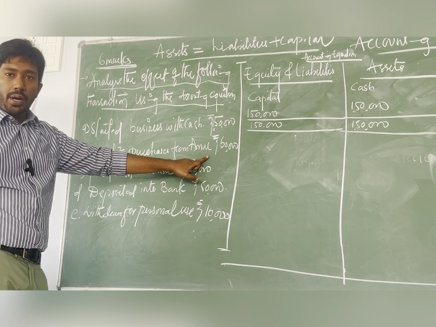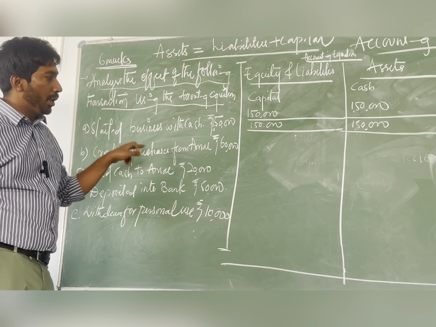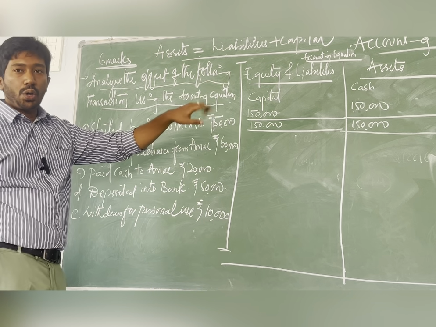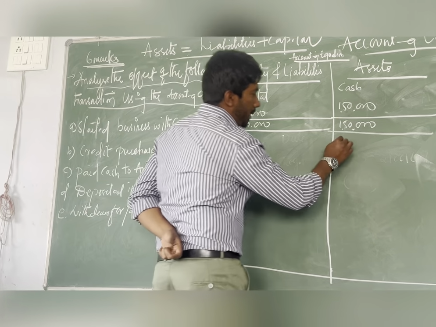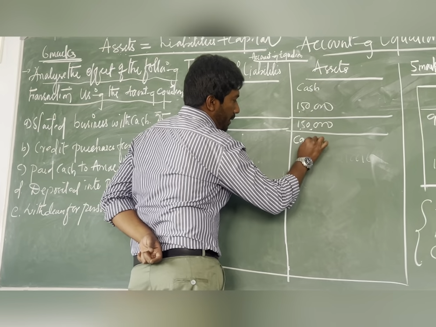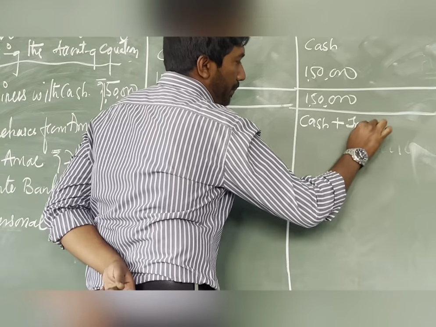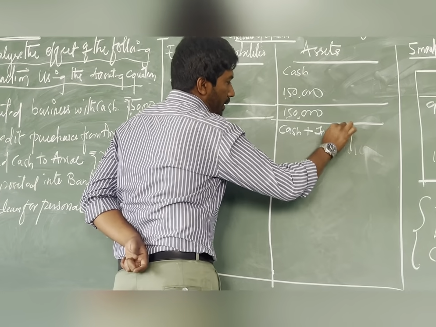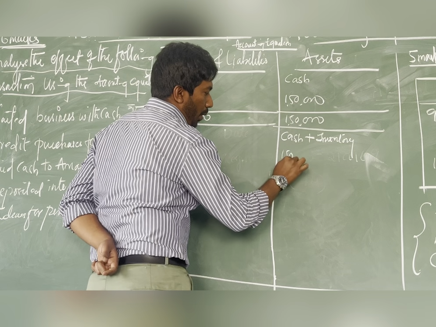Stock comes under the asset side, a current asset. So we have two items on the asset side, cash plus inventory. Here you can call it stock.